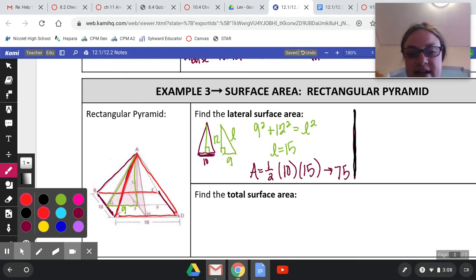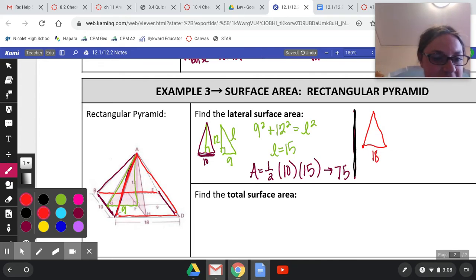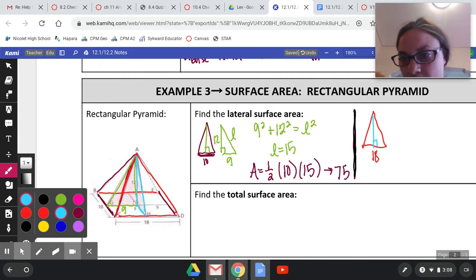So the actual isosceles triangle that I've got here has a base of 18. And once again, I need to find the slant height. The slant height is what I just drew in blue. Now the height of that right triangle inside is still 12, because that is the height of the pyramid.